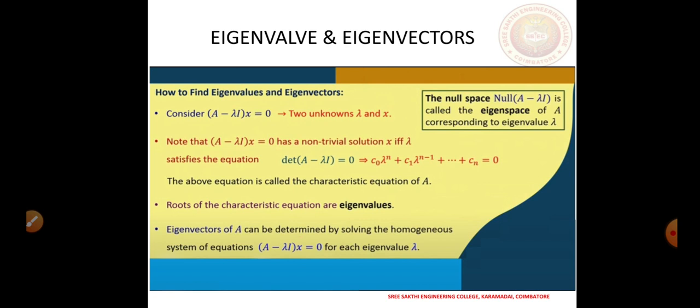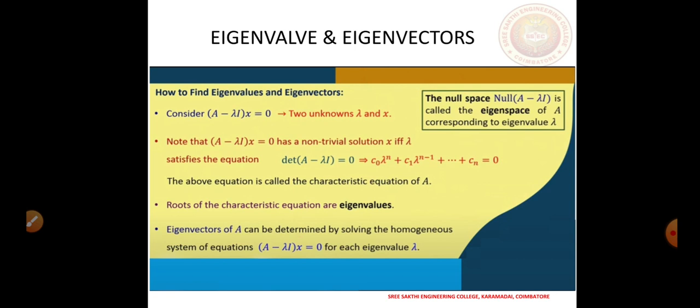So when we expand this determinant, because lambda is unknown, and A is a given matrix and I is the identity matrix, so here lambda is unknown.